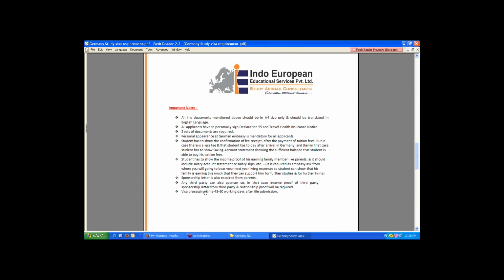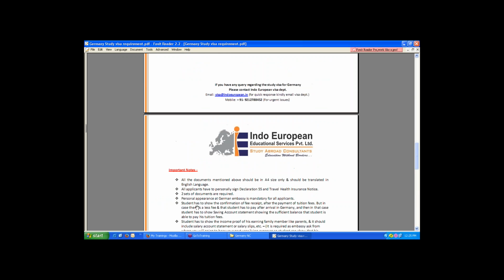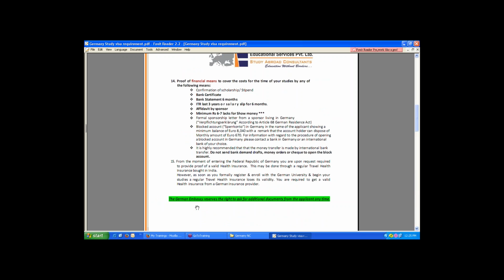If we talk about the payment part, as informed, one year travel health insurance is required, which will cost approximately 9,000 rupees, 1,000 rupees for travel itinerary, and 60 euros or equal in Indian currency is required to pay at the time of file submission in the embassy. Visa fees should be paid through demand draft only, as cash is not acceptable in the embassy.